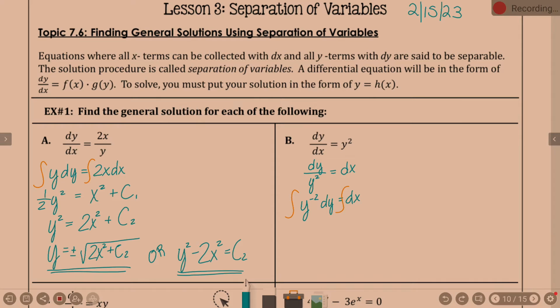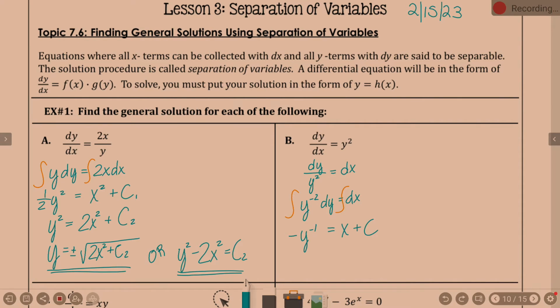What is the integral of y to the negative 2? Okay. Negative y to the negative 1. Add 1 to the power, it's negative 1. Divide by negative 1, well, I just put it as multiply by negative 1, equals, what's the integral of dx?